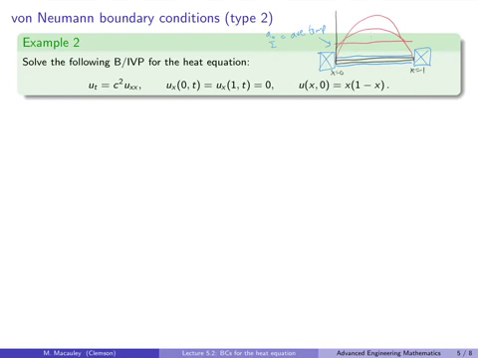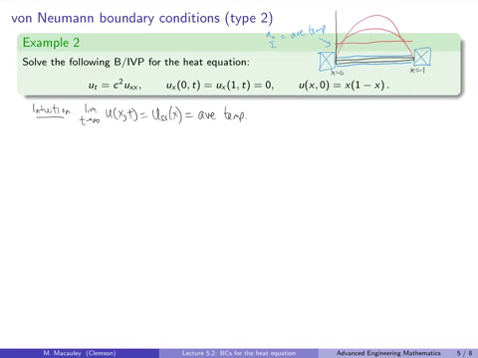More on this later. So let's write that down. Our intuition is that the limit as t goes to infinity of u of x and t, this is the steady state solution, is going to be the average temperature.